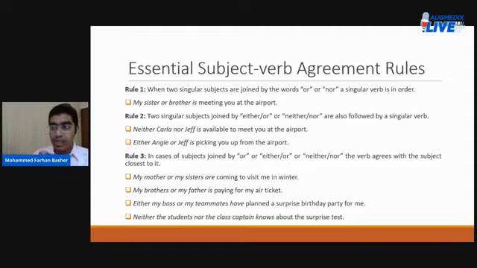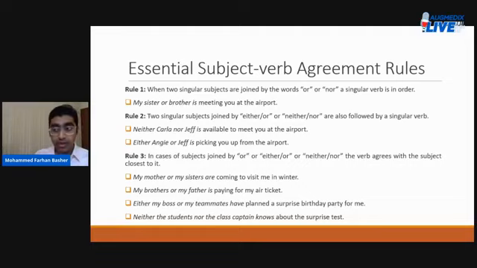What we do is, if the subjects are joined by "or," "either...or," or "neither...nor," then the verb follows the subject that is nearest to it. For example, my mother or my sisters are coming to visit me in winter.